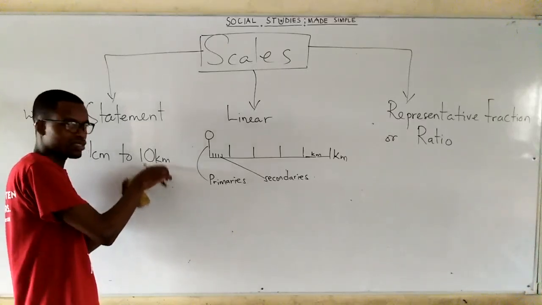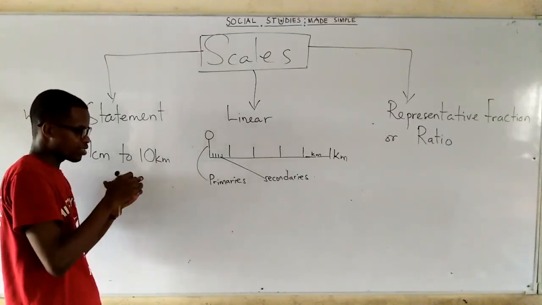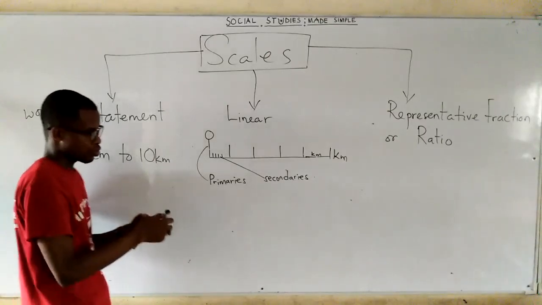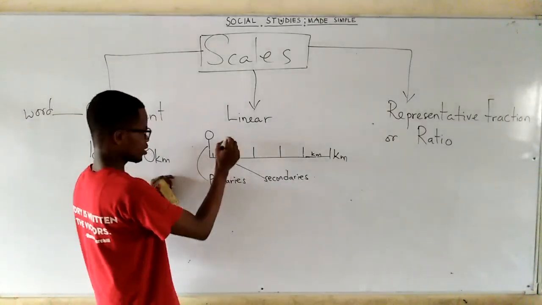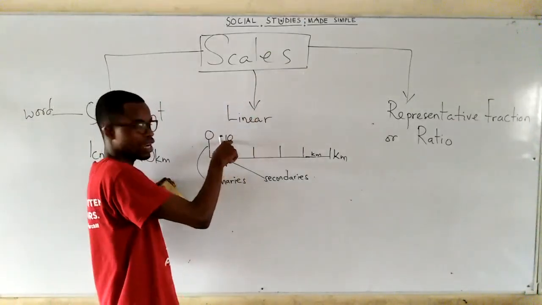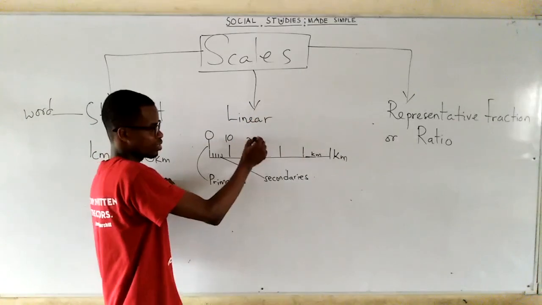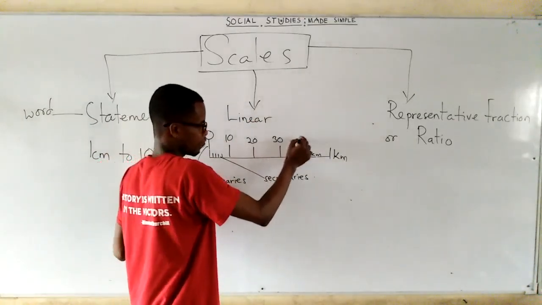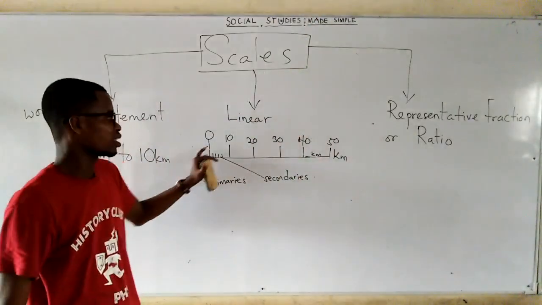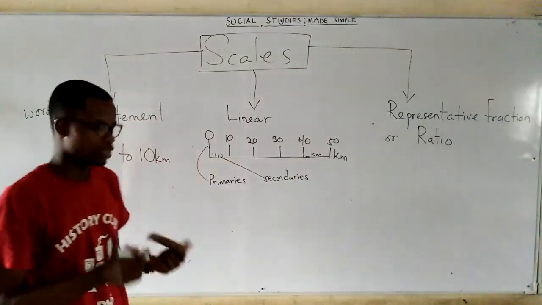So this is the ground distance. Always you find it in huge units, meters or kilometers. Okay, so you place the 10, then it will have an interval 20, 30, 40, 50, and so on and so forth, depending on the number of primaries that you have indicated.